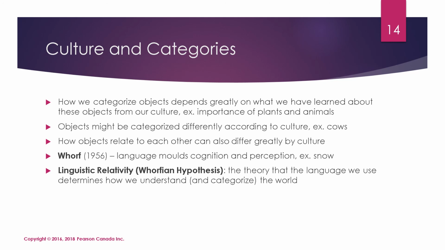And then Whorf created what was known as the linguistic relativity hypothesis. He really thought that the language we use actually molds our thinking and our perception as well. So basically his theory said the language we use determines how we understand and categorize our world. For example, he would say that certain Inuit cultures have a lot of different words in their language to describe snow.